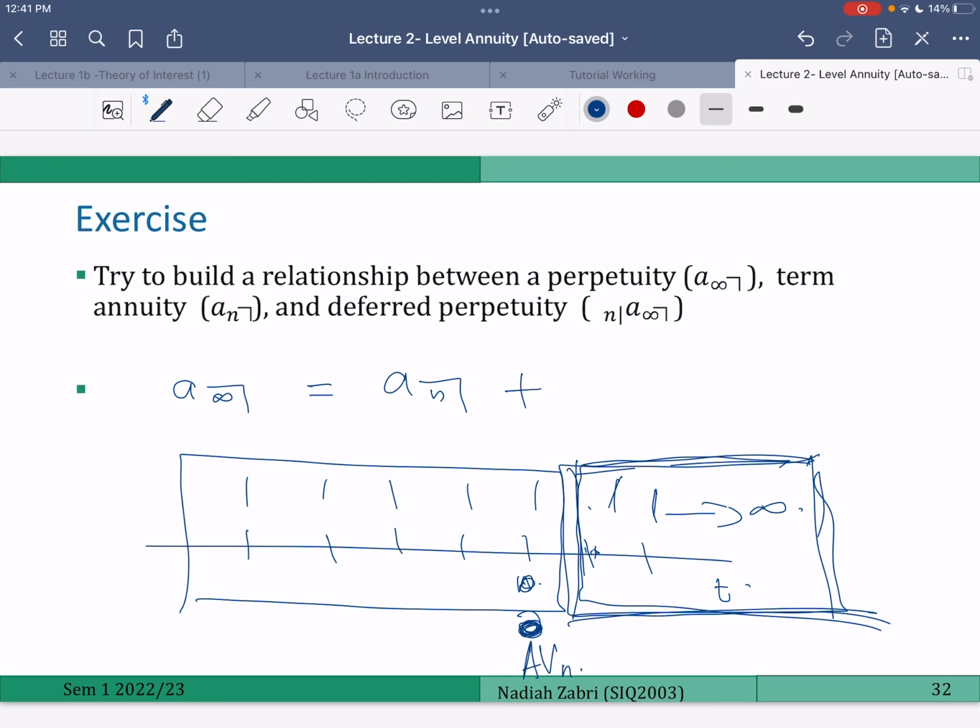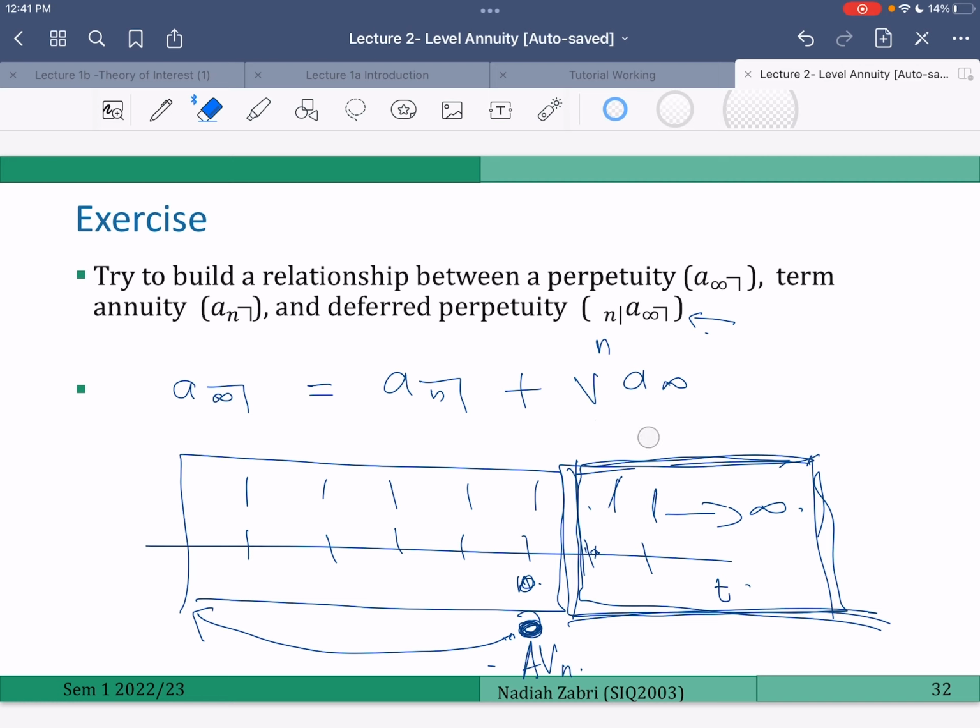So it is the perpetuity, but you need to discount it because now it's evaluated at time n. You need to evaluate at time 0, so you need to discount it for n years. So this is also equal to a deferred annuity, n bar A angle infinity. So it's the same thing. You can write it like this, or you can also write it like this.